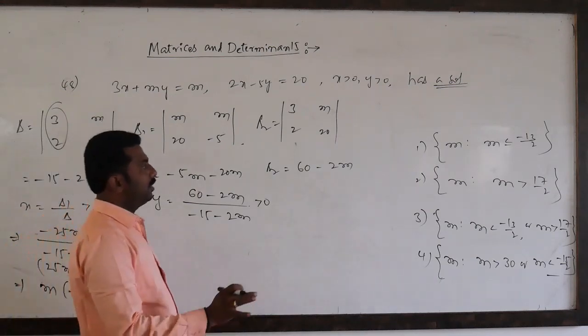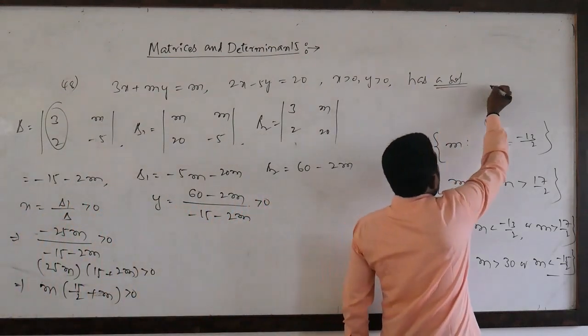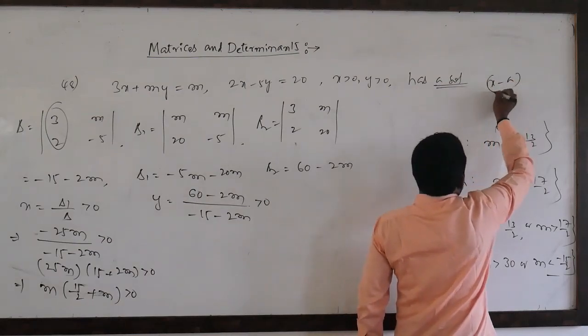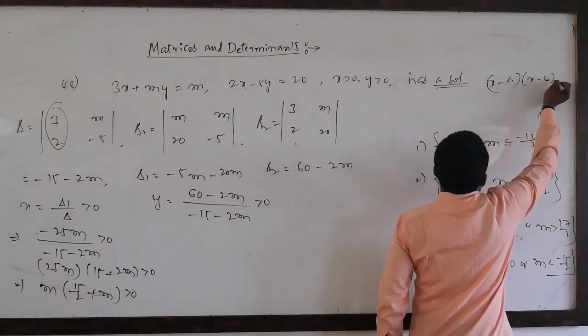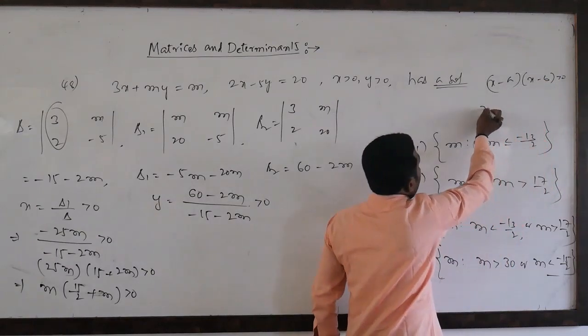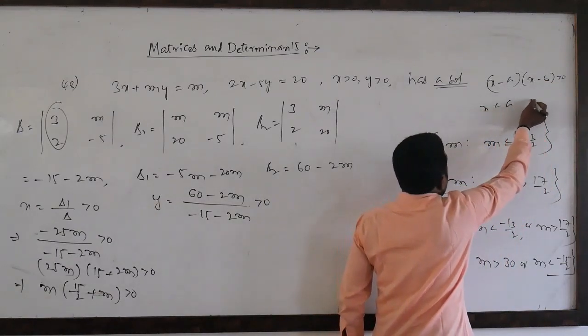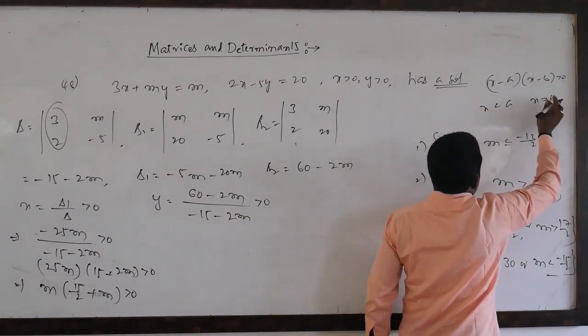One formula to observe: (x - a)(x - b) > 0 gives x < a or x > b, where a < b. So m minus (-15/2) times m minus 0 is greater than 0.